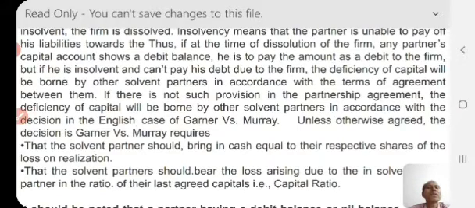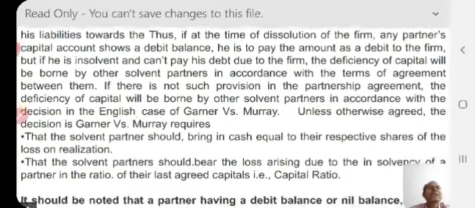If there is no such provision in the partnership agreement, the deficiency of capital will be borne by other solvent partners in accordance with the decision in the Garner versus Murray case.